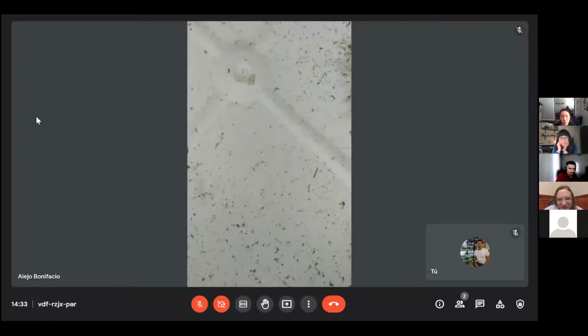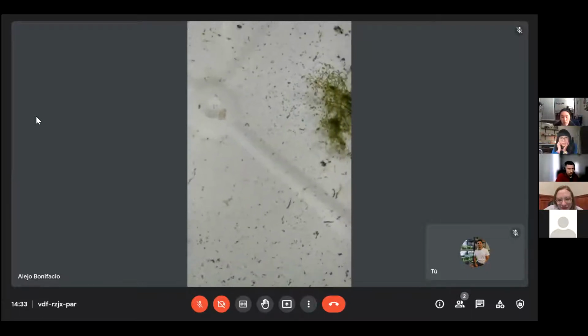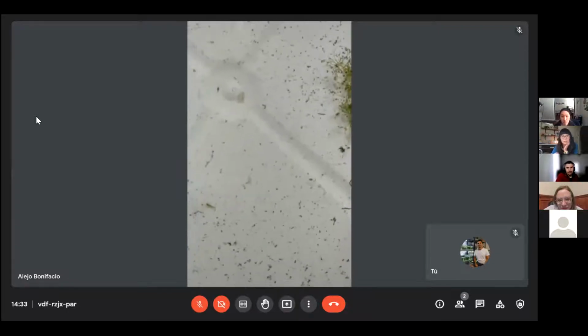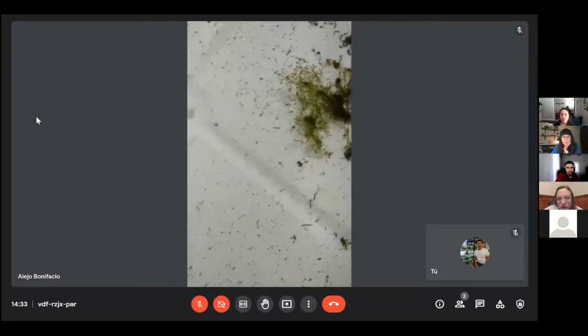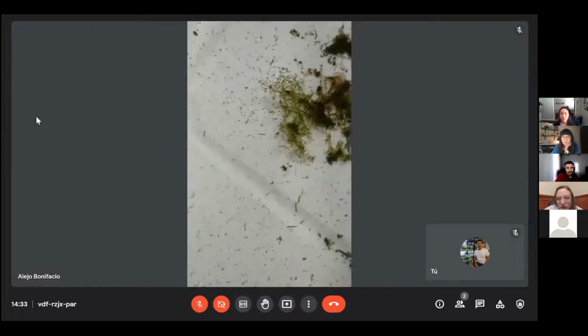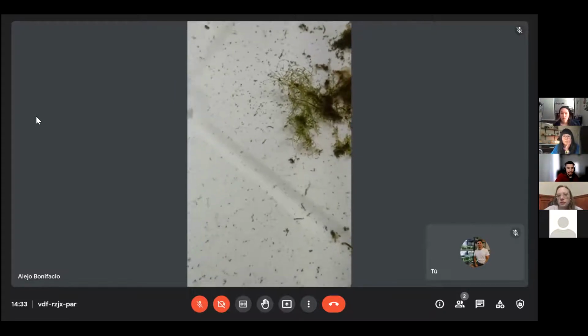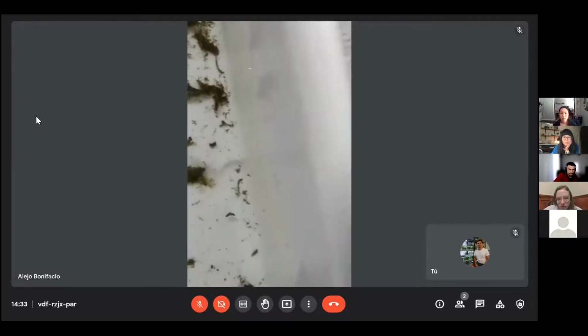This is very similar to how the mosquito midges swim. Actually, they are mosquito midges swimming, but not biting mosquitoes. And some of them are known as bloodworms, like this.